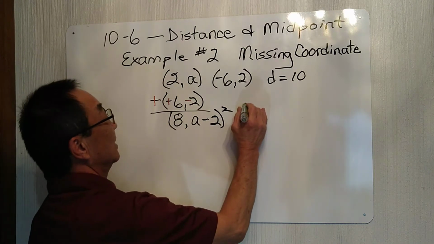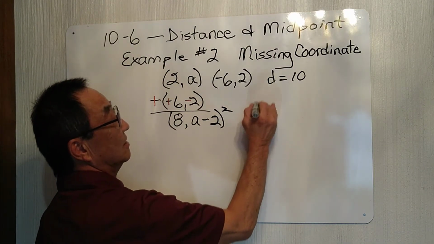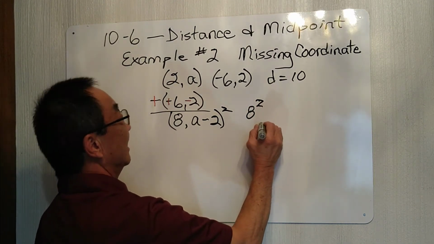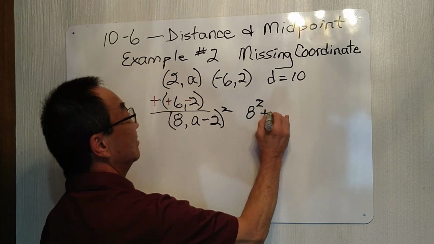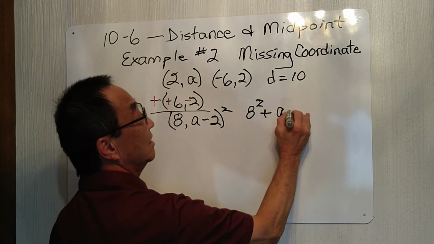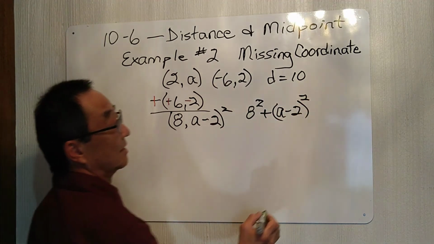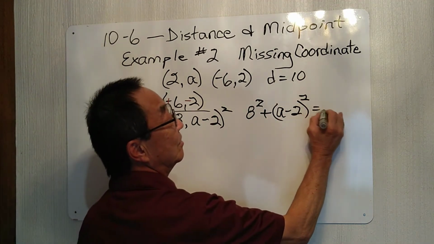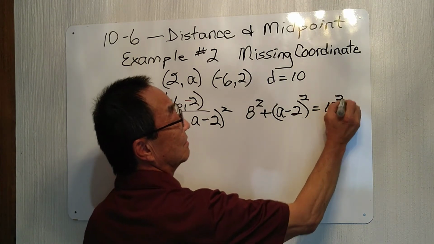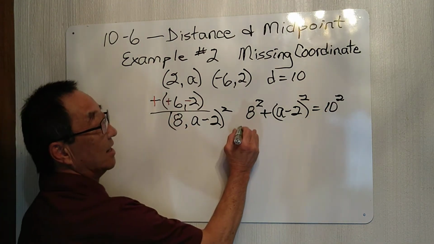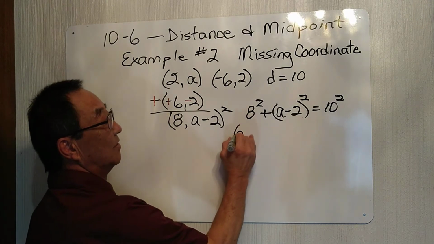So this is going to give you 8 squared. And you're going to add them together. So this is a minus 2 squared. And then it's going to equal 10 squared. Okay, 8 squared is 64.